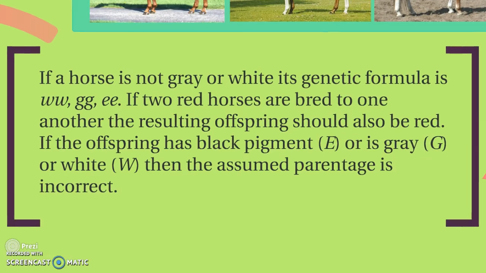If a horse is not gray or white, its genetic formula is little w, little w, little g, little g, little e, little e. If two red horses are bred to one another, the resulting offspring should also be red. If the offspring has black pigment, big E, or is gray, big G, or white, big W, then the assumed parentage is incorrect.